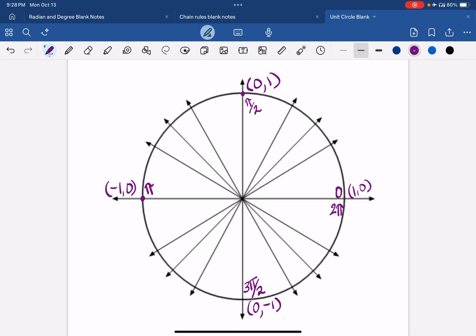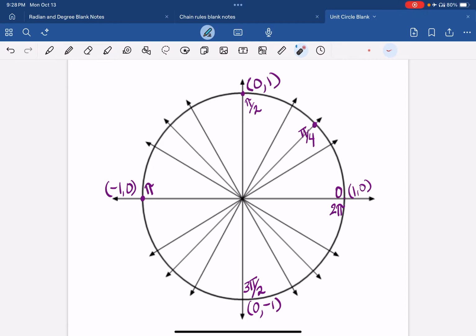So if we take pi and start dividing it into pieces, we're going to divide it now into 4 pieces. We'll go from here to here to here to here to here, dividing that into 4 pieces. And that would give us, at this point right here, pi over 4.